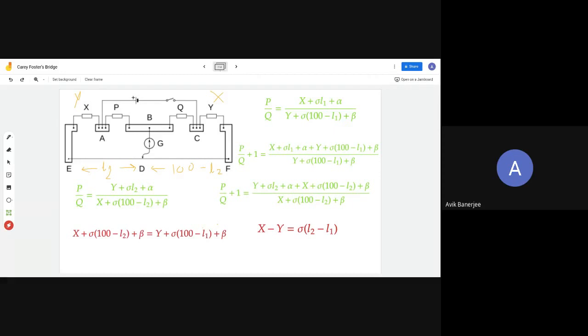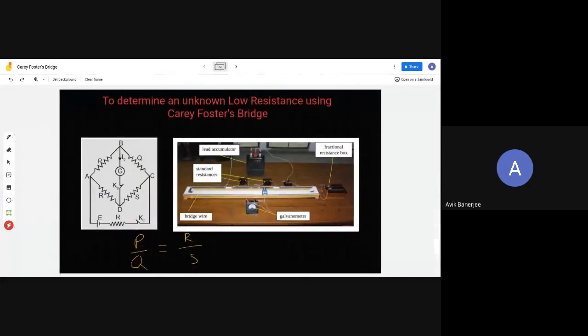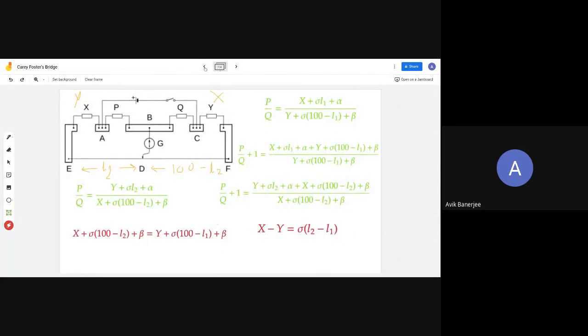So the first step is to find sigma. So how to do that? We'll make this Y 0. For the first part of the experiment, we make Y 0. How? We connect them using the metal strip. We can ignore the resistance of the metal strip, so Y is 0.